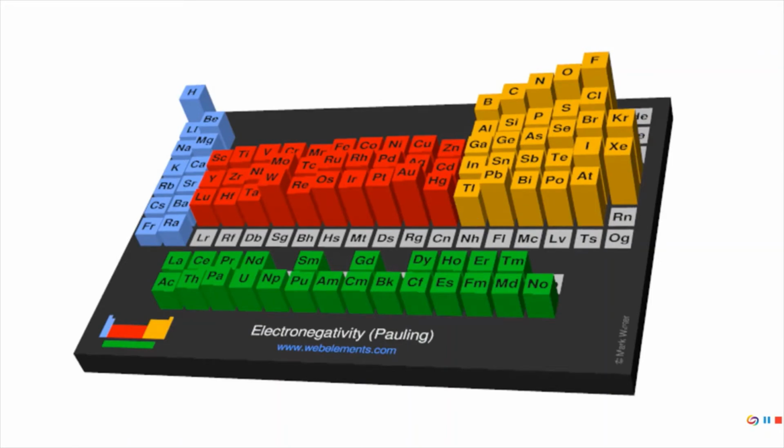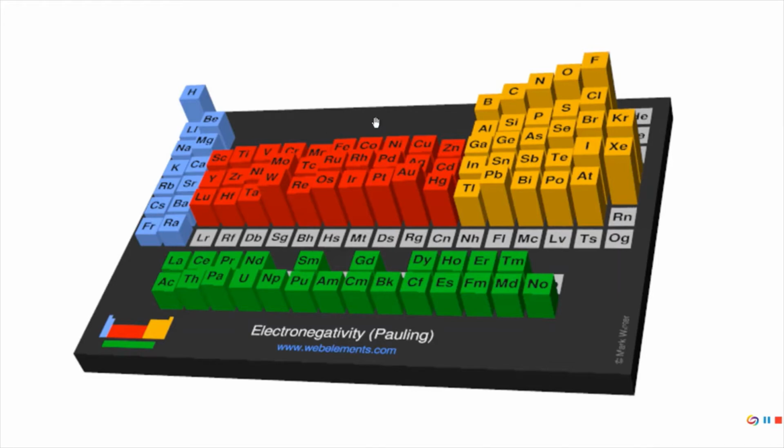And what you guys will notice is things like fluorine, oxygen, nitrogen are pretty highly electronegative. Now, the least electronegative atom is this guy right here, francium. And it goes up this way towards fluorine as the most electronegative atom on the periodic table, increasing up that way, generally speaking.